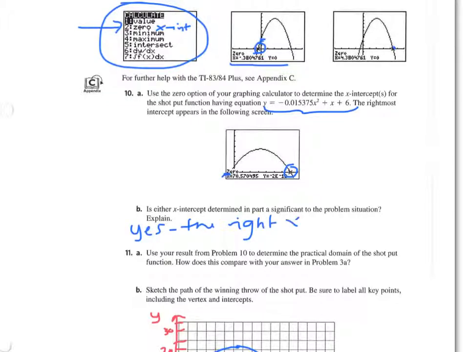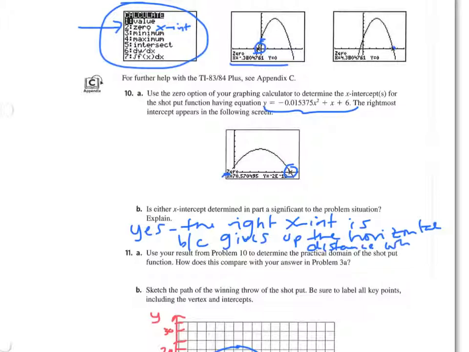The right x-intercept is significant because it gives us the horizontal distance when it hits the ground. I'm running out of room here, sorry.